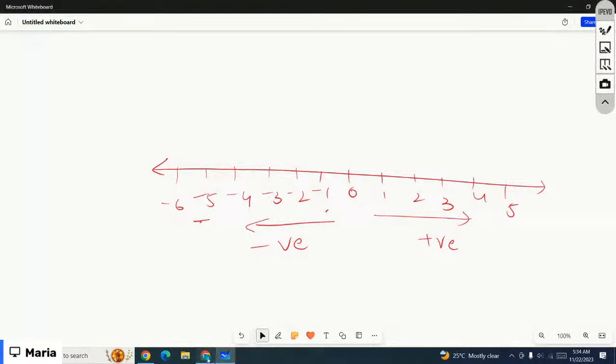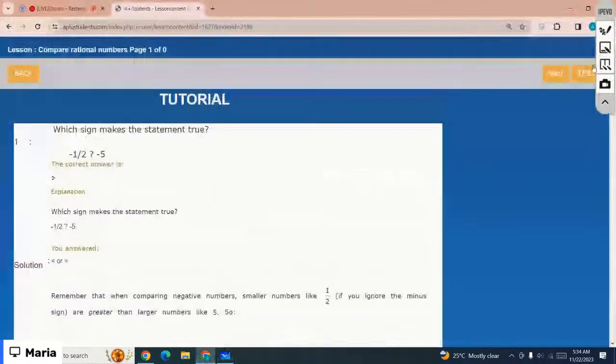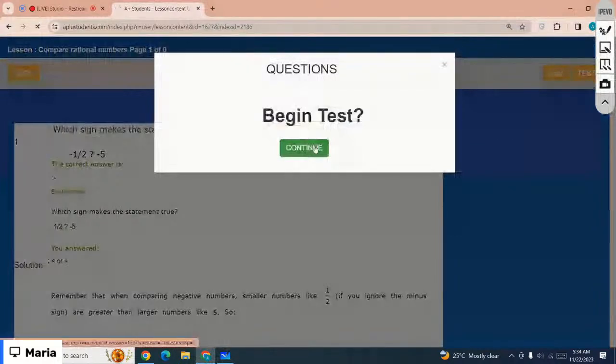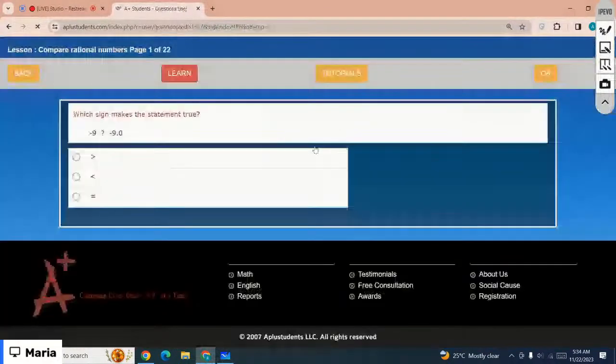Now let's start with the test questions. You have to compare negative 9 and negative 9.0. Which is the correct option? They both are exactly equal, right?